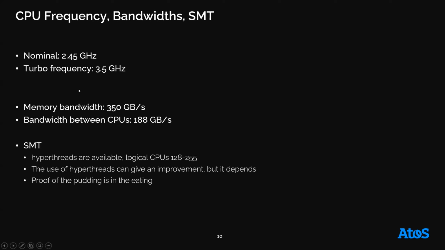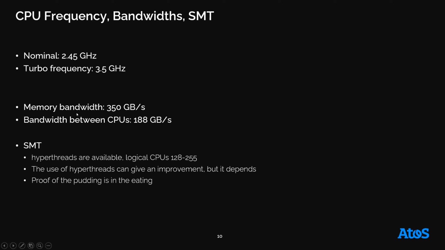The memory bandwidth to the memory is 350 gigabytes per second. To achieve that, you would need to use at least 32 threads, which are all using all the different NUMA nodes, and then you can achieve this kind of memory bandwidth.